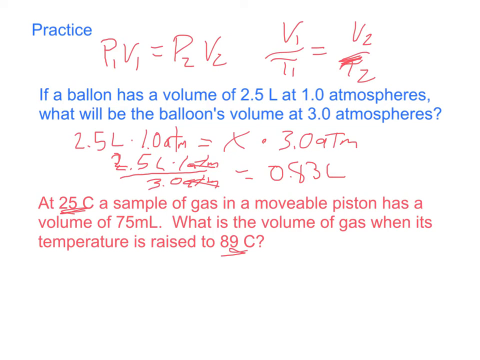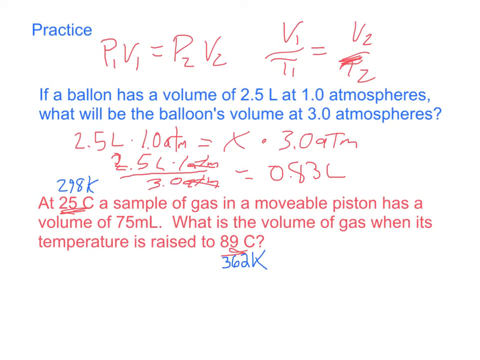So it's going to be 25 plus 273, which equals 298, and then 89 plus 273 equals 362 Kelvin. We have to use Kelvin or you're not going to get the correct answer, because we need a scale that starts at 0 when there is 0 particle motion.